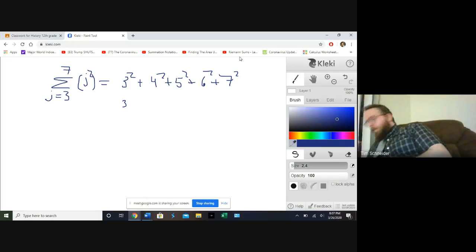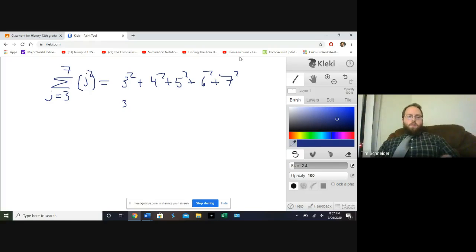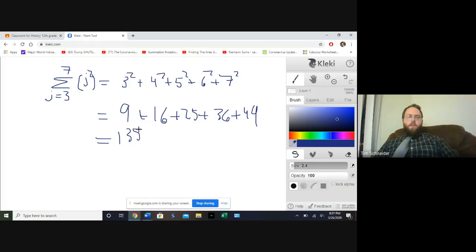Now, that is equal to 9 plus 16 plus 25 plus 36 plus 49. That isn't too bad even for a calculator. You can type that in. That gives us 135.